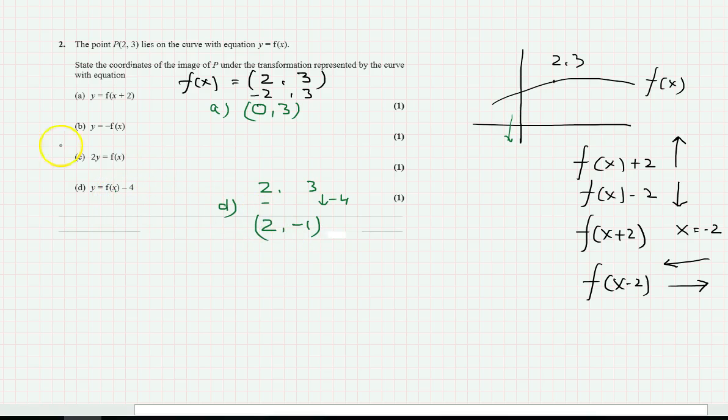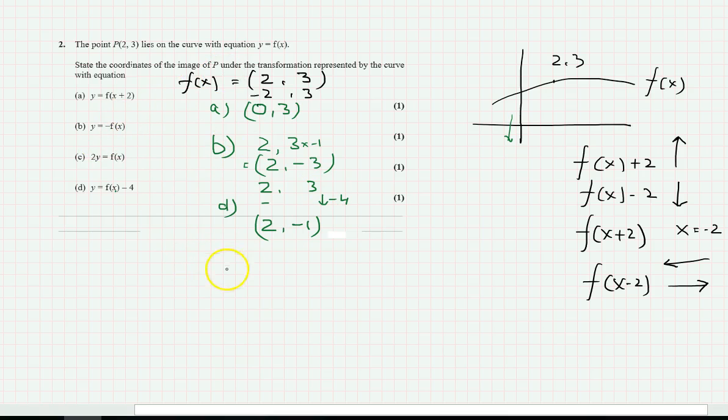That is part D. Now part B. Part B is minus f(x). So fx is y, so the minus is going to affect the y coordinate. So the x coordinate will remain the same and the y coordinate will be multiplied by minus 1. So it will be 2 and minus 3.